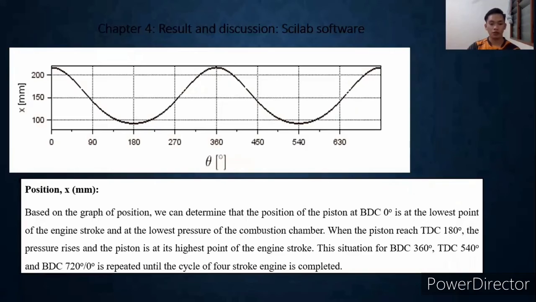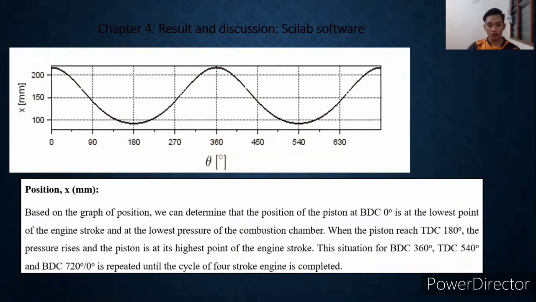And based on the graph of the position, we can determine that the position of the piston at bottom dead center is at the lowest point of the engine stroke and at the lowest pressure of the combustion chamber. And when the piston reaches the top dead center, the pressure rises and the piston is at its highest point of the engine stroke.